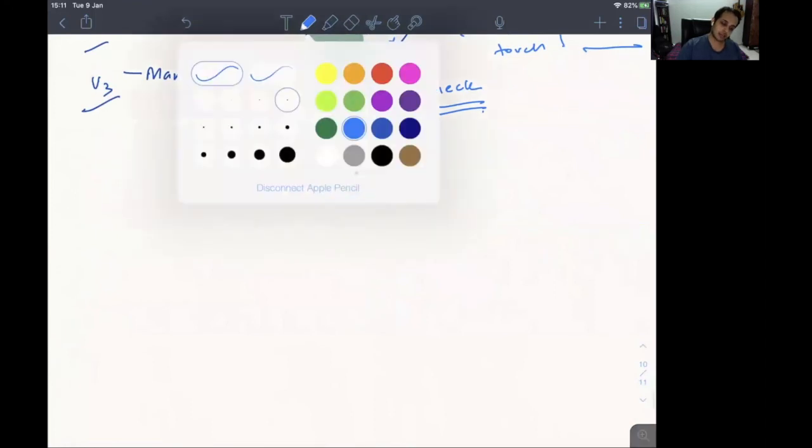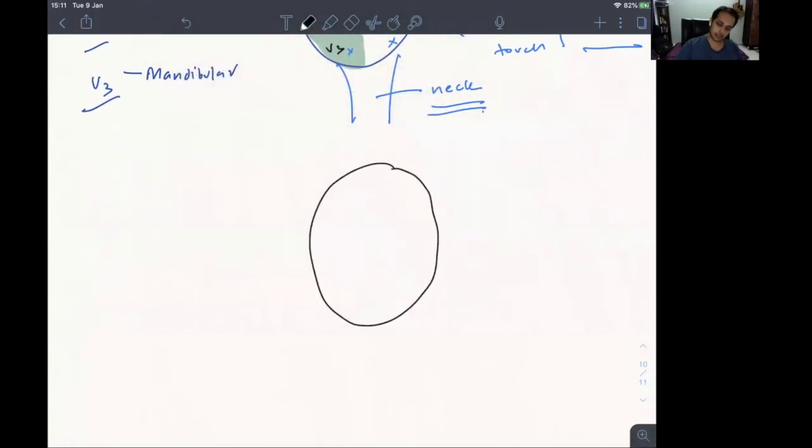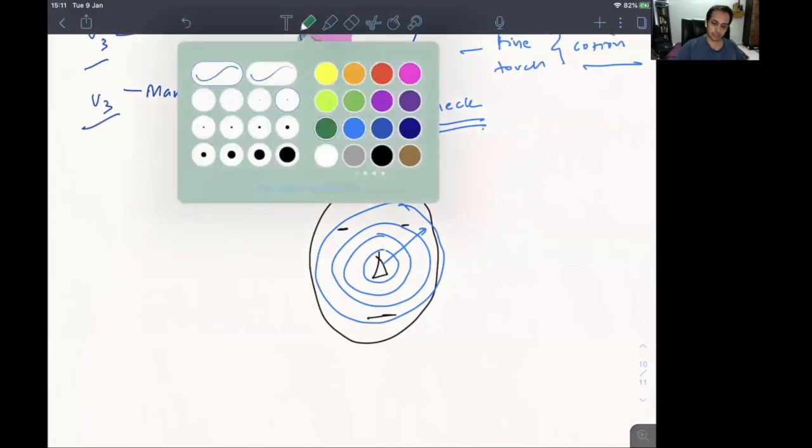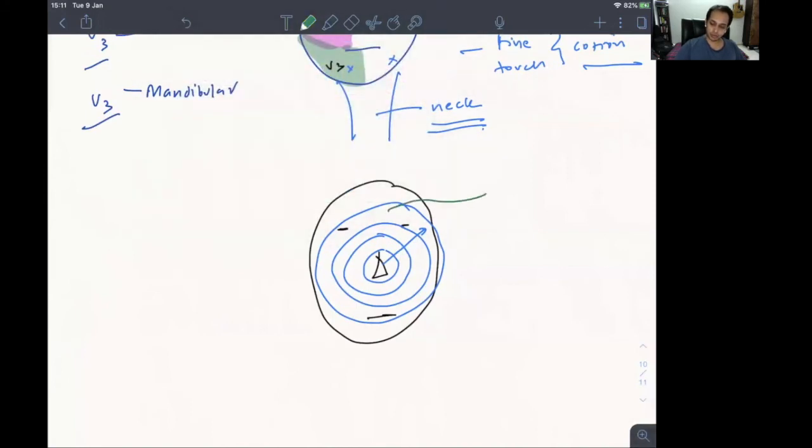And another form of testing is from center to periphery. And the reason we test it like this is because of the way your trigeminal nerve supplies the face. The part of the trigeminal nerve that supplies the center of the face arises from a different part of the brainstem.